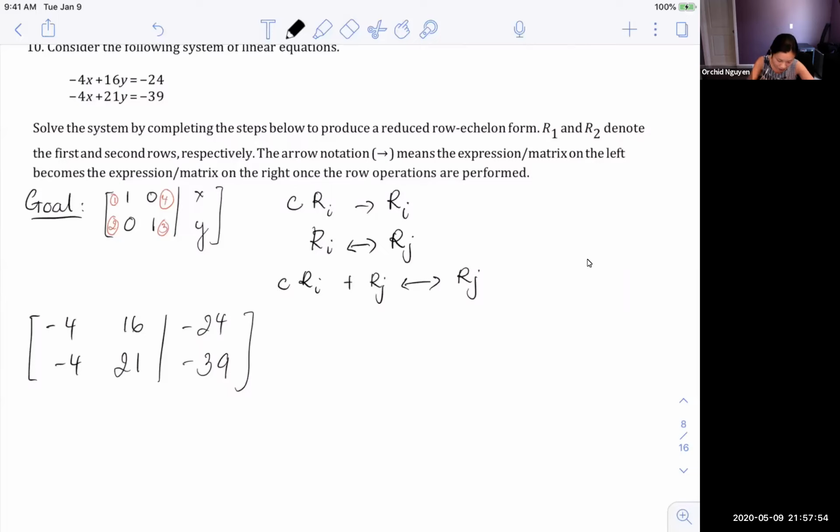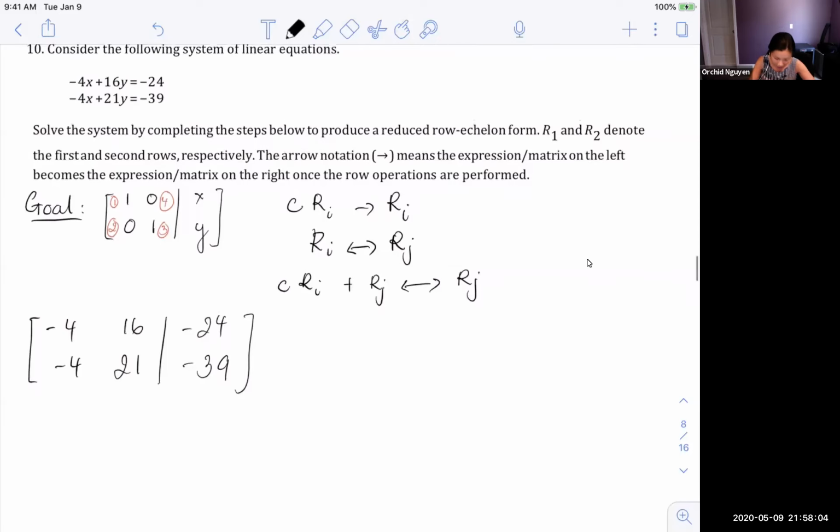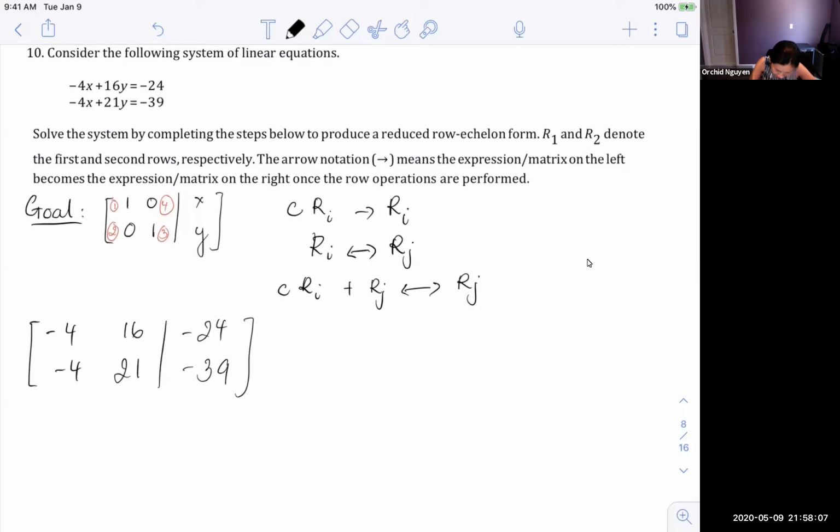Okay, so the first thing I need to do is make that -4 into 1. So what I can do is take the whole row and divide by -4, or you can think of it as multiply -1/4 by R1 to get R1.